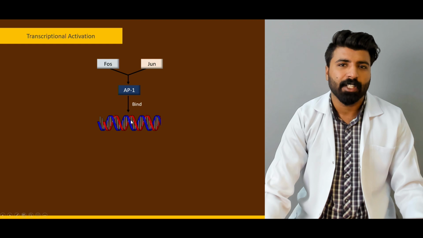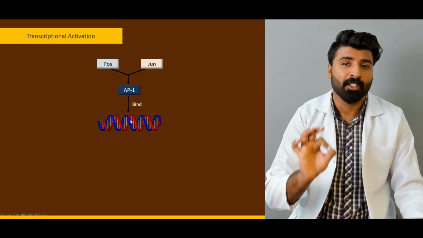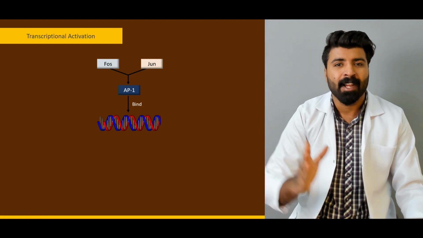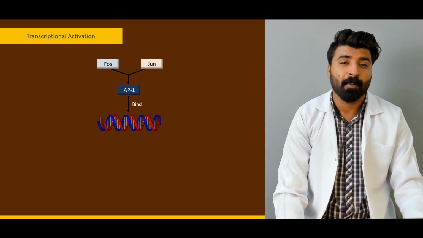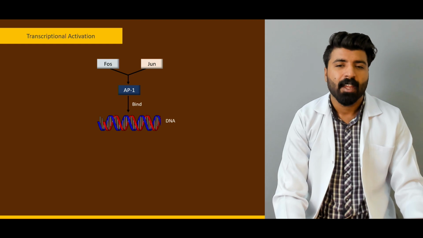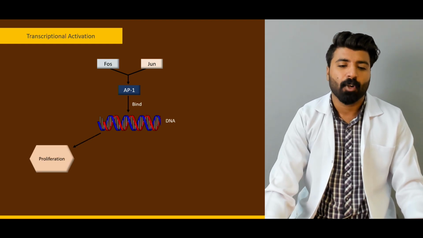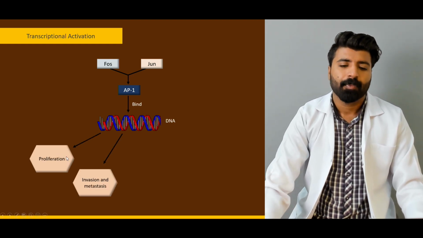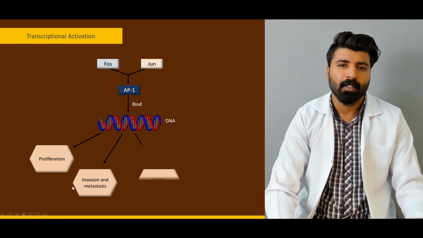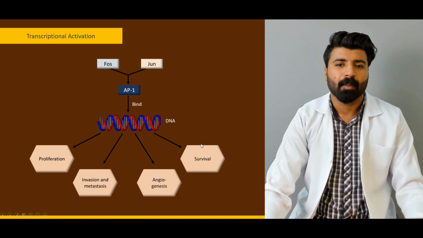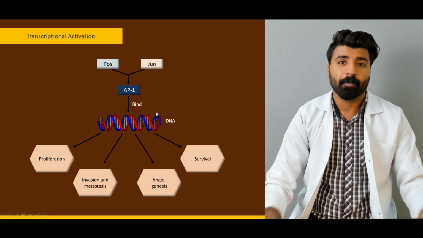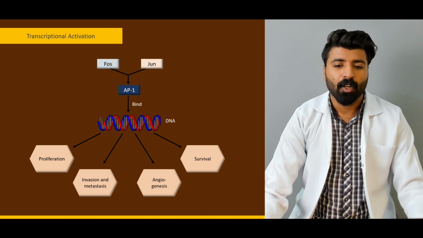It binds itself to the DNA at a very specific point. It's not like it can bind anywhere inside the whole DNA. It has a very specific place. It binds to that place, and what happens afterwards? That proliferation will happen, invasion and metastasis will happen, angiogenesis will be happening, and survival will be happening. Now, some terms that you don't know, let me give you a detail on that.